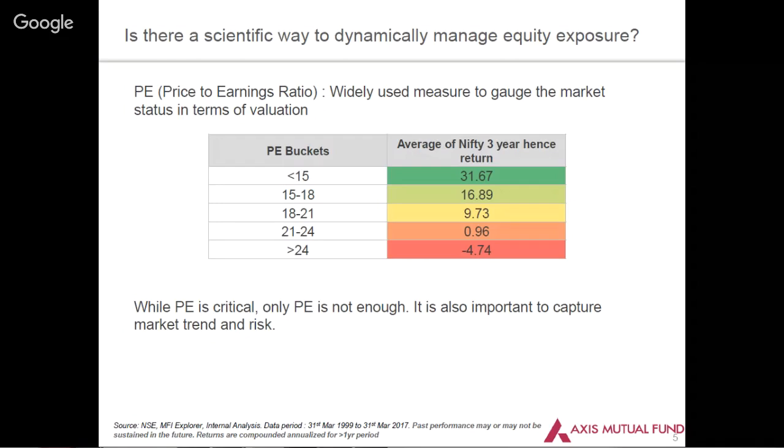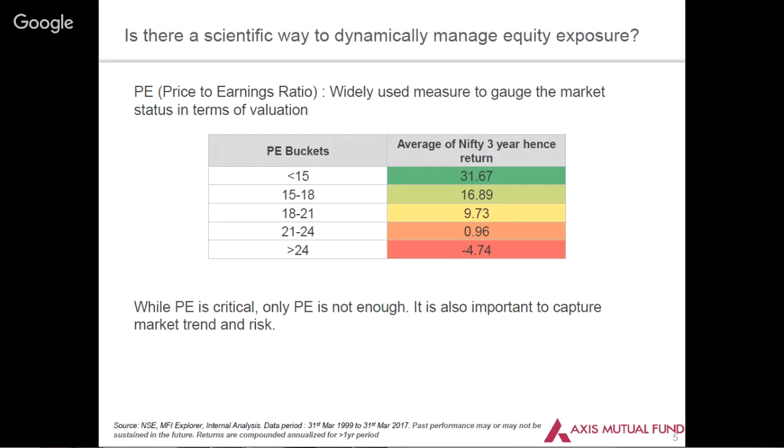You could have other variables as well. At Axis, we look at a composite of 3 variables. Valuation is one of them. We also look at the trend of the market and risk of the market. But essentially, what dynamic funds stand for is adjusting the exposure or the risk of the market for different time periods, such that the overall experience that investors get is one of lower risk and lower drawdowns as compared to pure equity products.